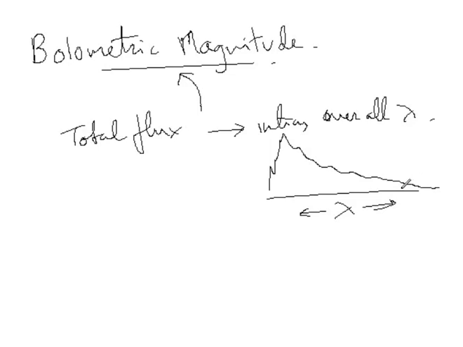Hence, a limited measurement sometimes provides an excellent approximation to the bolometric magnitude. The spectrum of many stars peaks in visible or sometimes ultraviolet wavelengths, and their luminosity dies off rapidly as we go to higher wavelengths.